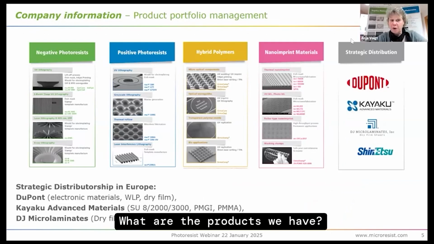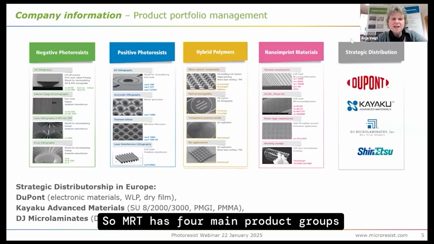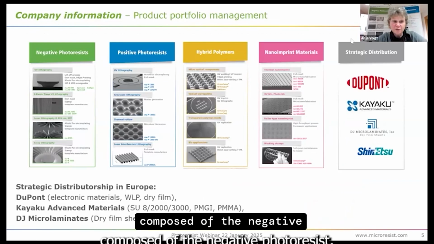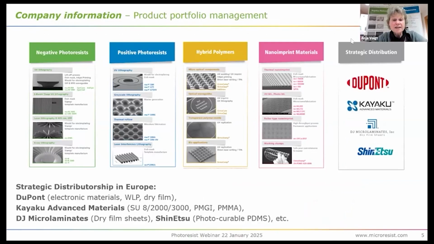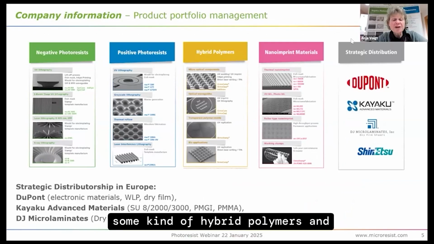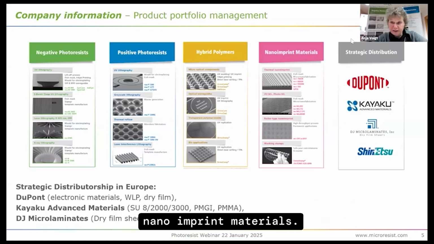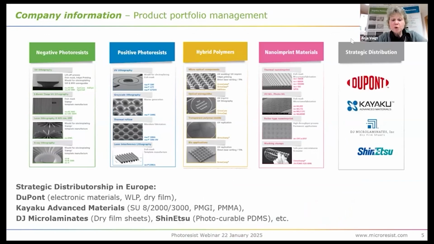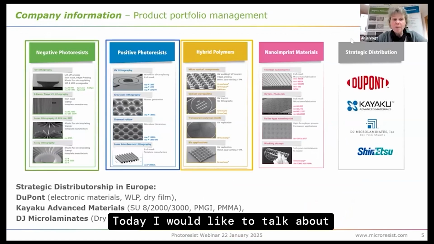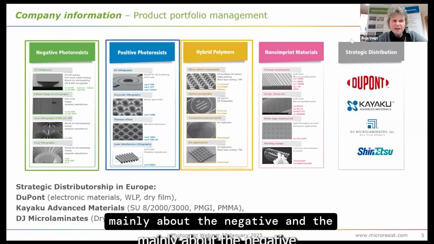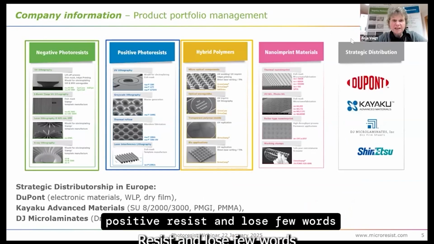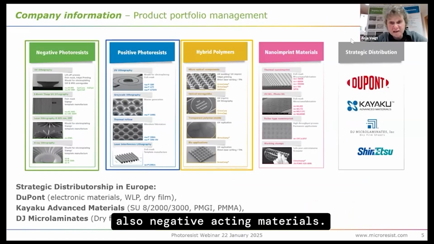What are the products we have? So MRT has 4 main product groups composed of the negative photoresist, positive photoresist, some kind of hybrid polymers, and nano imprint materials. Today, I would like to talk mainly about the negative and the positive resist and lose a few words about the hybrid polymers, which are also negative acting materials.